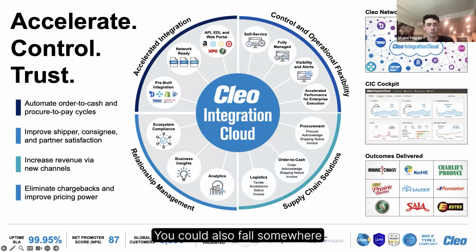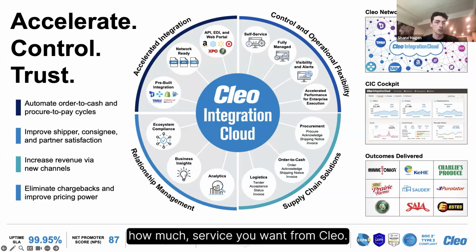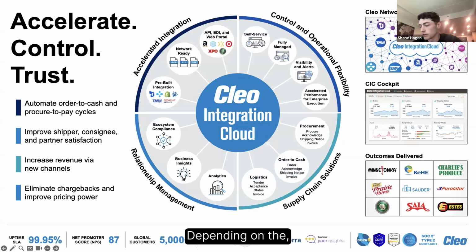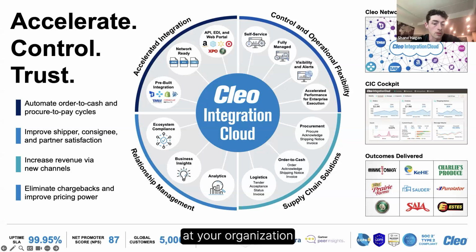You could also fall somewhere in the middle, which is where a lot of our customers end up falling. It's like a volume dial where you can pick how much service you want from Clio, depending on the experience, the availability of team members at your organization, and how you ultimately want us to augment your teams.